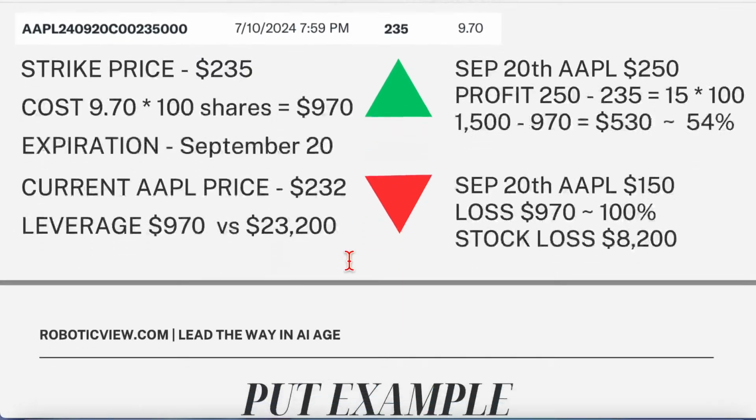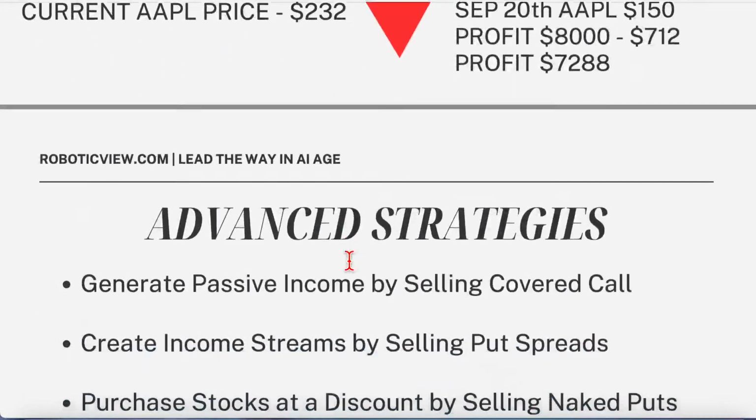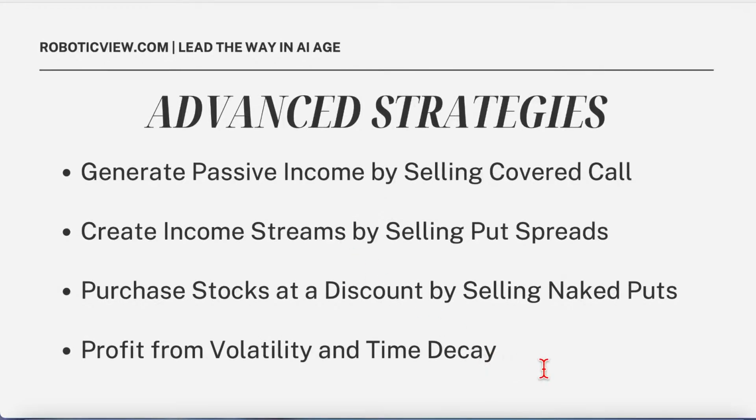The point I'm trying to make is this: in these live streams we'll be using Python to identify, to find, to filter these option strategies that will earn us some money. And again, it's not investment advice, it's all about Python.